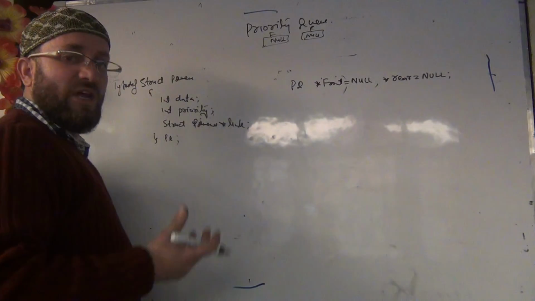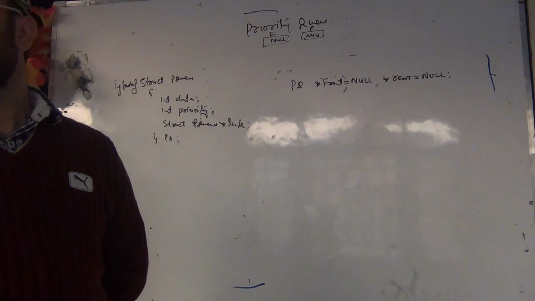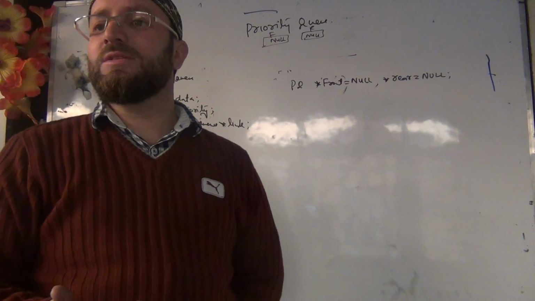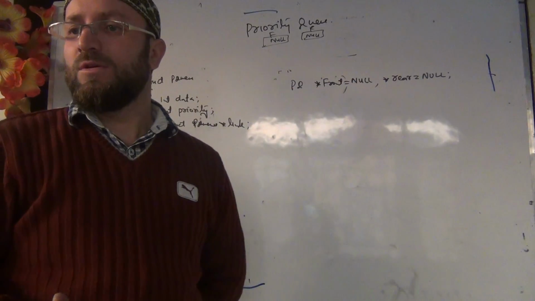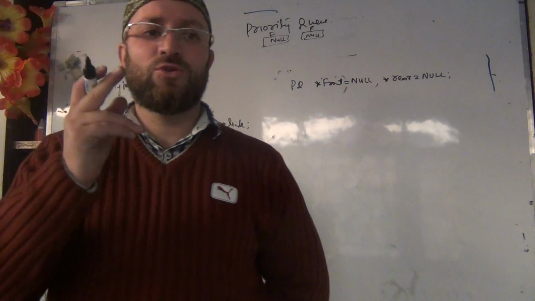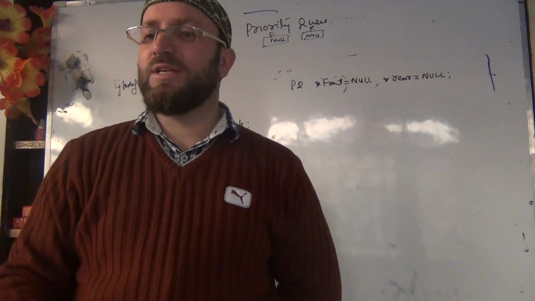So that is when I try to create a node. What will that function be called? Create. I will call the insert function. In main, I will say a lot of things: press 1 to insert, 2 to delete, 3 to display, and 4 to exit, and so on.